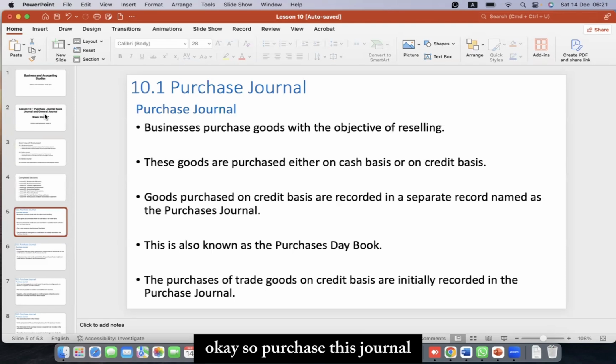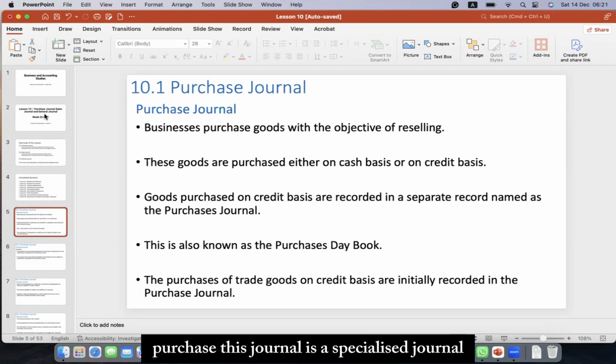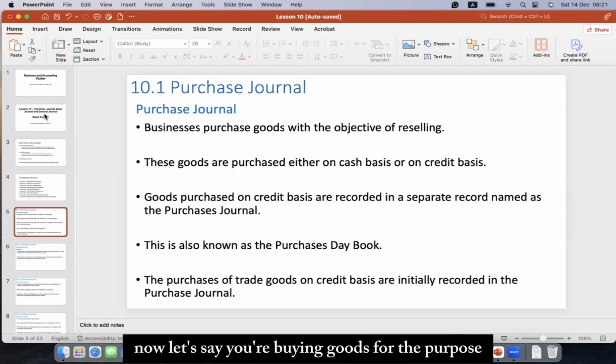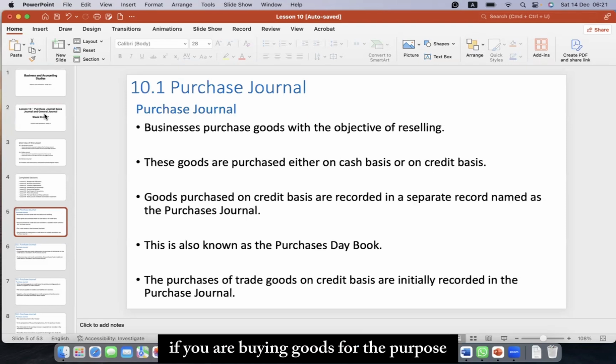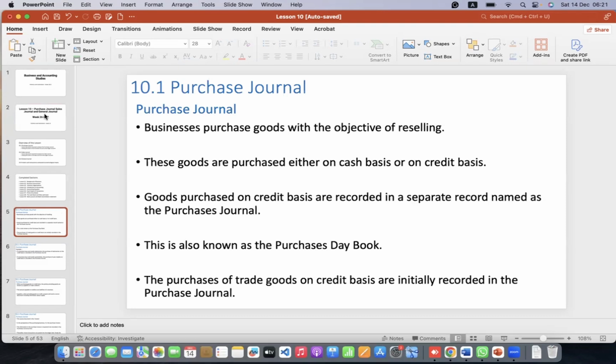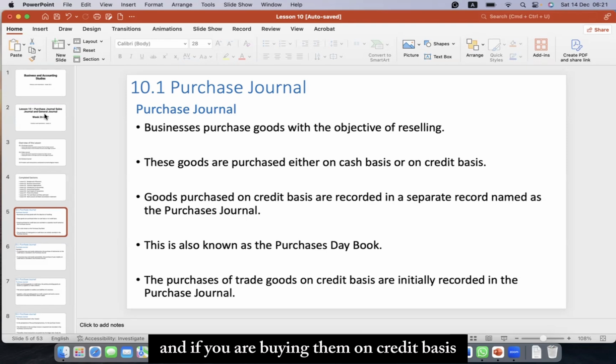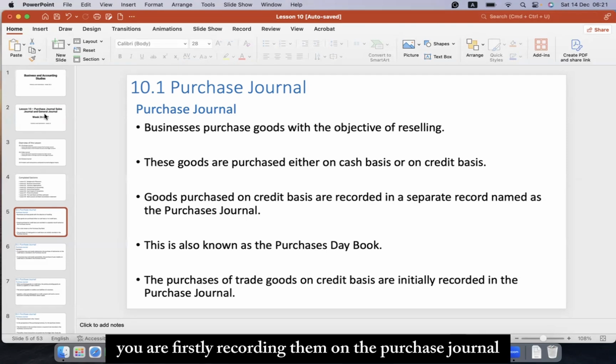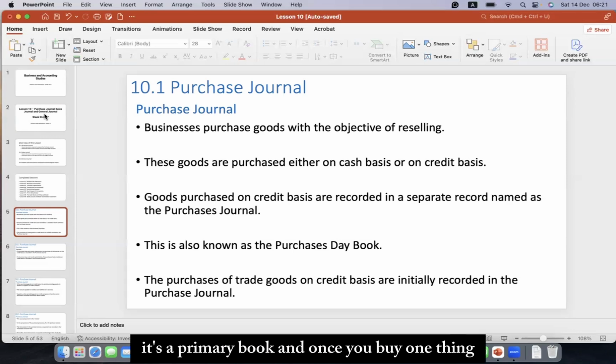Okay, so purchases journal. Purchases journal is a specialized journal. Now, let's say you are buying goods for the purpose of reselling. If you are buying them on credit basis, you are firstly recording them in the purchase journal. So the purchase journal is a prime entry book.